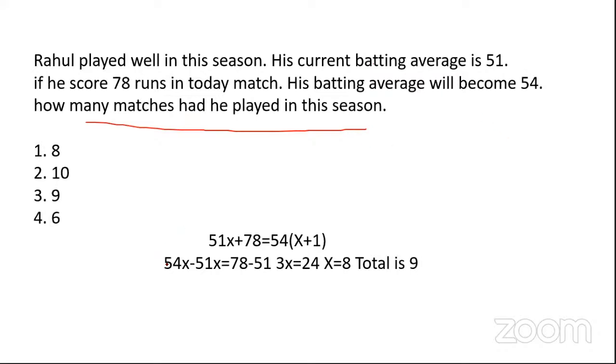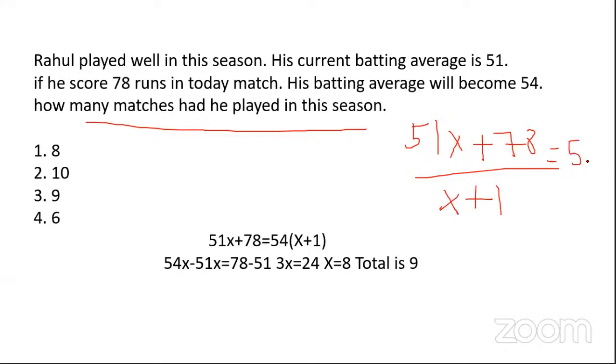So his current batting average is 51 times the number of matches x, plus today's 78, divided by x plus today's match, equal to 54.